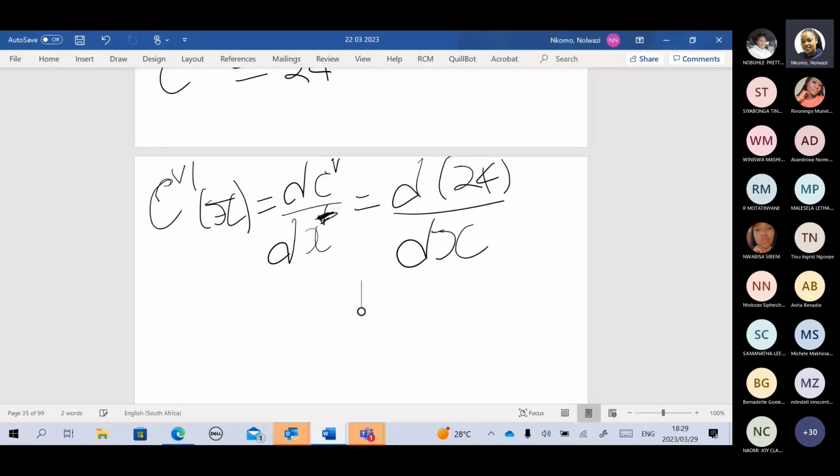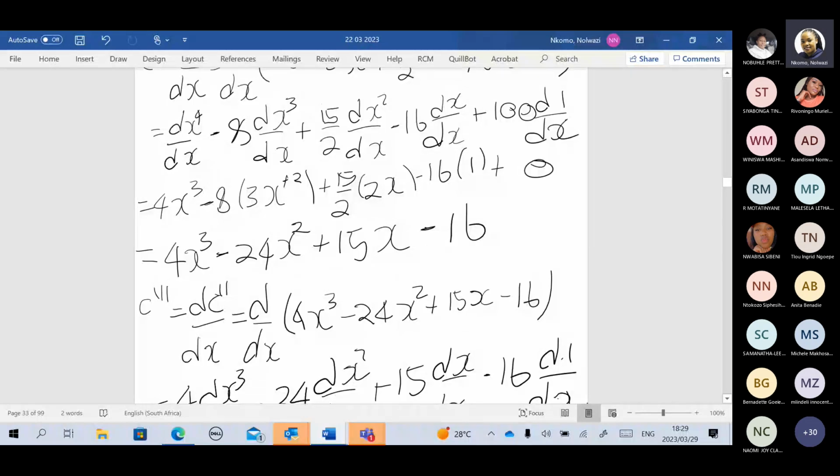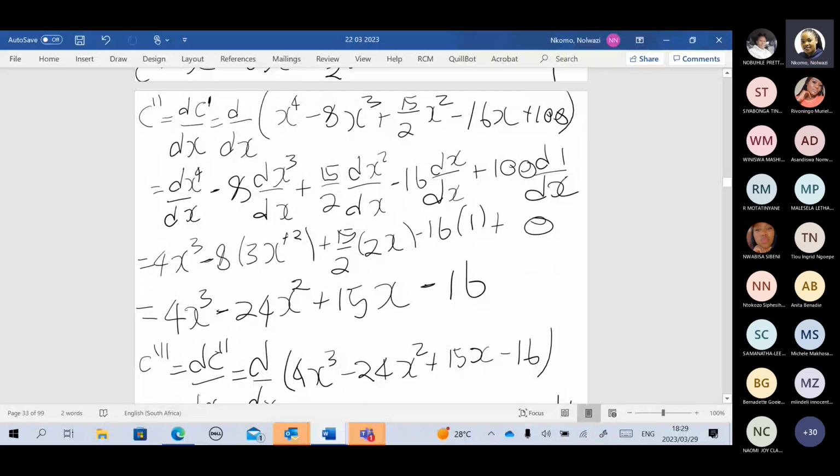And then 24 is a constant, right? And the derivative of a constant is 0. So this means if you are given that function and we are asked to find the sixth derivative, you'll get 0. Okay, that's how you will differentiate. We're just going back to the rules that we did last time, and we apply them.